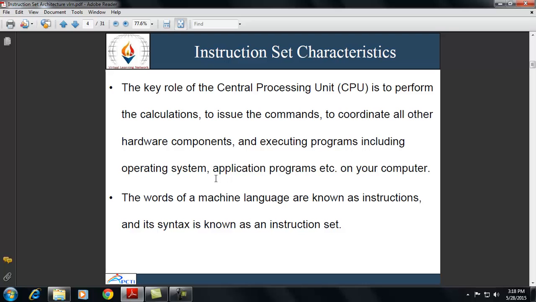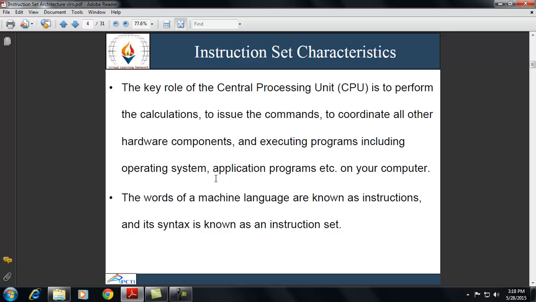But the CPU is primarily the core hardware component, so we must speak to it in the core binary machine language. The words of machine languages are known as instructions on the basis of which the computer system operates, and its syntax is known as the instruction set.